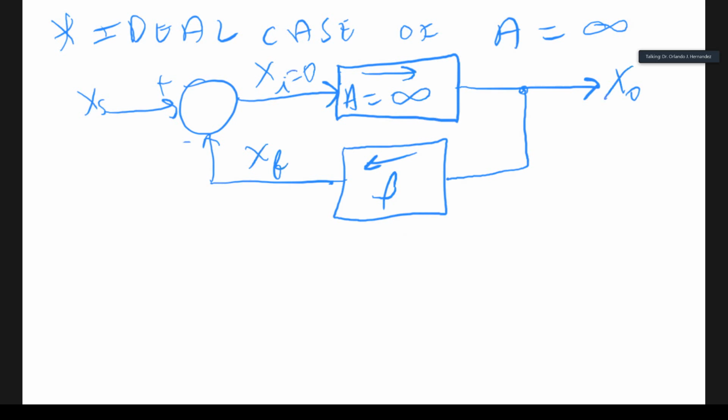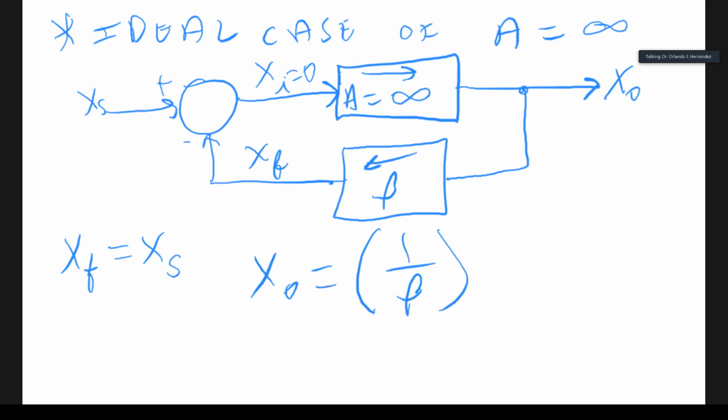And what that means is that the feedback, because the error needs to be zero for the system to be linear, the feedback needs to be the same as the input. For that to happen, the output needs to be 1 over beta times the input.